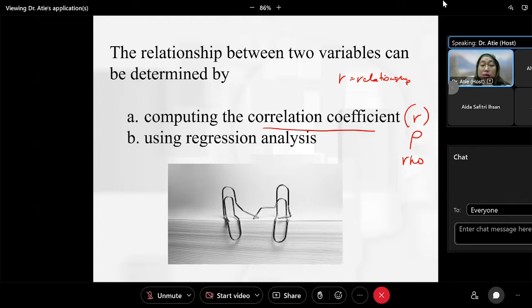Or we can use regression analysis. So there are two ways of determining the relationship between two variables. One, by calculating the correlation coefficient. The second one, by using regression analysis. So we are going to do this one today, and this one, some part of it today and next week.